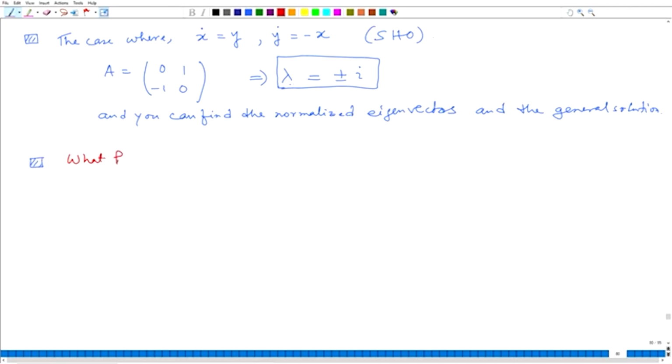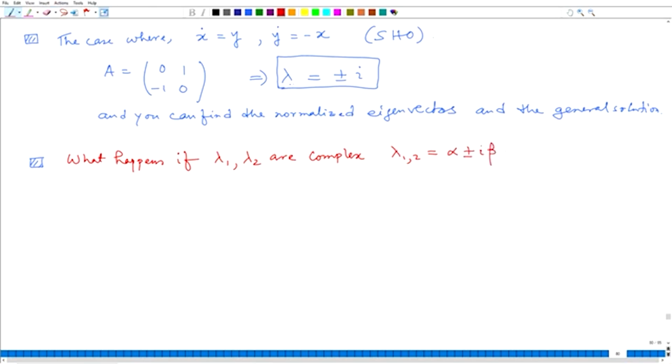What happens if lambda 1 and lambda 2 are complex and of the form lambda 1 2 is equal to, I can simply write, alpha plus minus i beta.